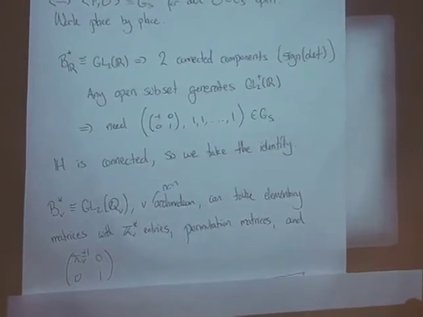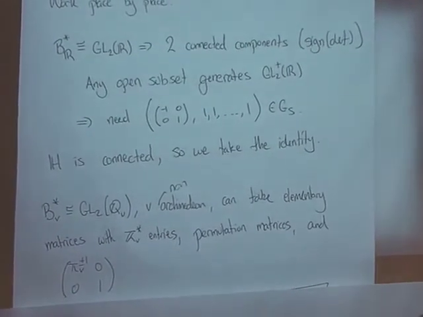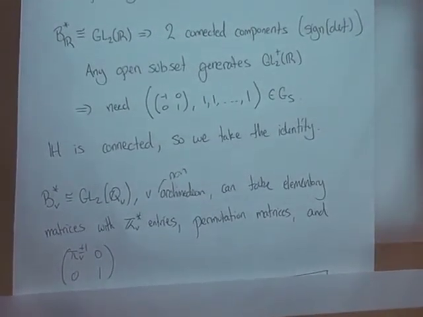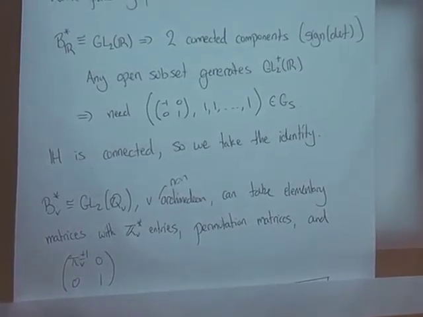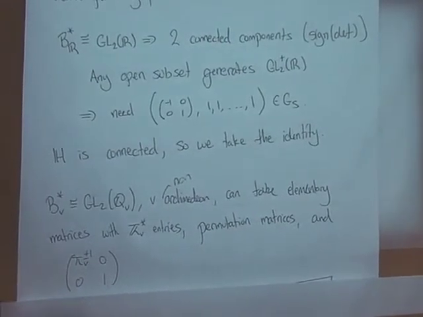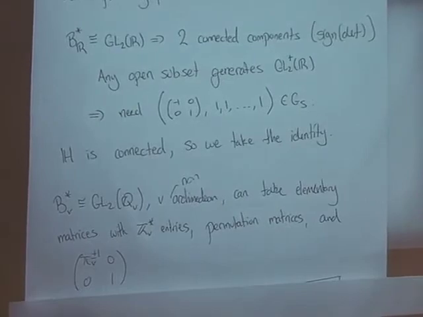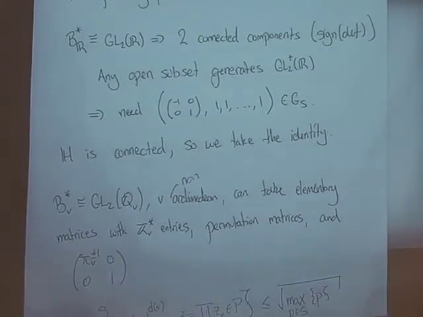Now you take an open subgroup near the identity, and it's going to contain diagonal matrices like pi_v inverse to some power. You're going to get some power of the uniformizer in that subgroup. Then once you get this, you take powers of this matrix, and you can do it all. It's a little thought exercise.